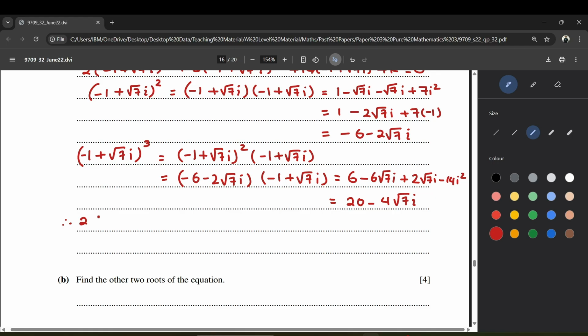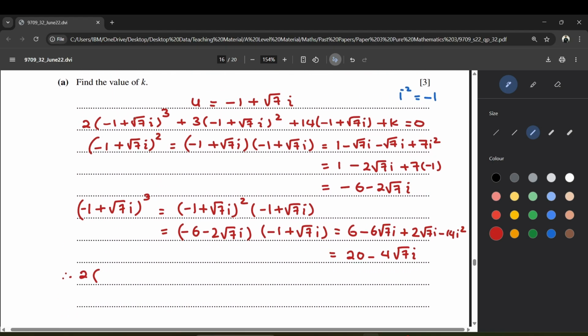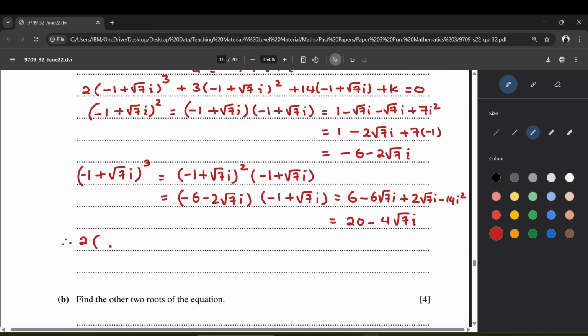Therefore, from here now we're going to substitute the expressions that we found out.